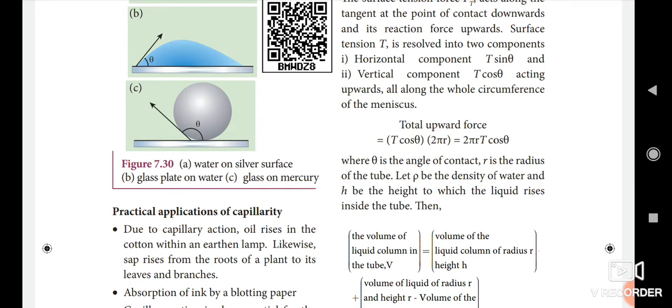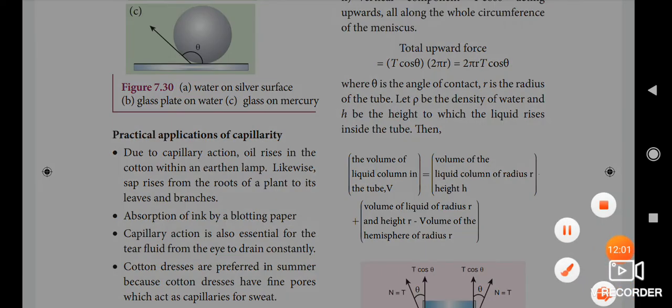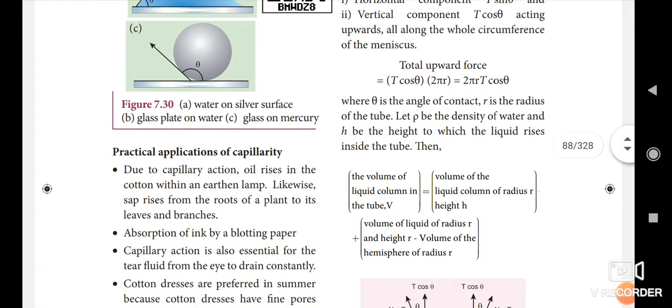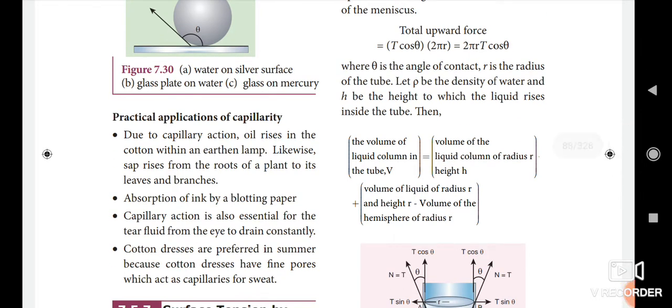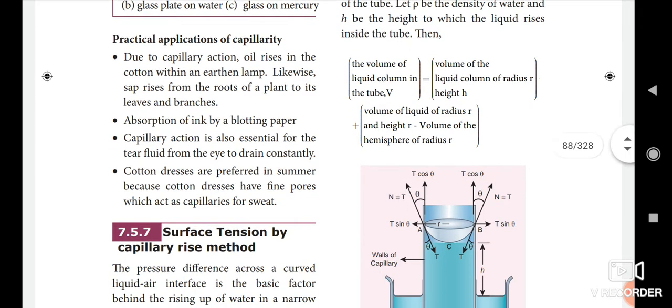Next we have to find the volume of liquid column in the tube, V. So what is the formula for that? The volume of the liquid column in the tube, V, is equal to the volume of the liquid column of radius r having height h, plus the volume of the liquid of radius r having height r.